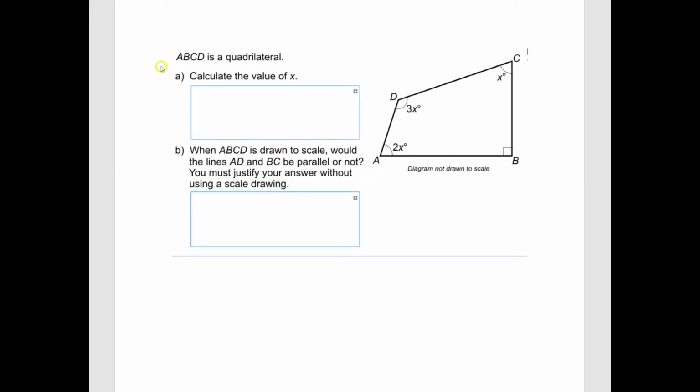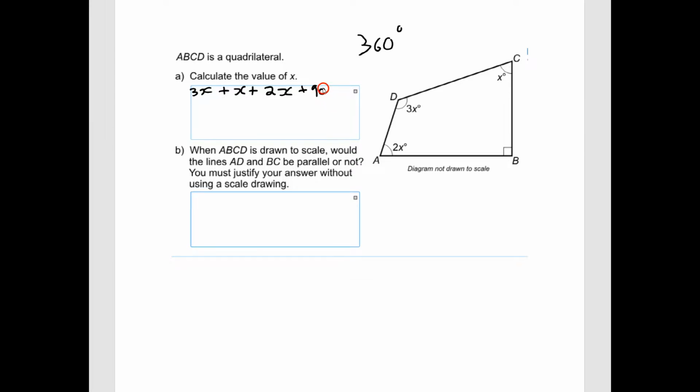So we want to work out the value of x in this quadrilateral. Again, excuse that I'm using my mouse. So what I'm going to do is remember that the angles in a quadrilateral will add up to 360 degrees. So if I write down all of the angles, now they are algebraic, so I've got 3x plus x plus 2x, and then the last angle is obviously 90 because it's a square angle.